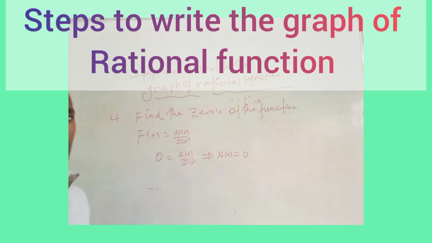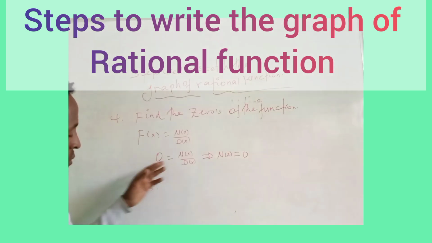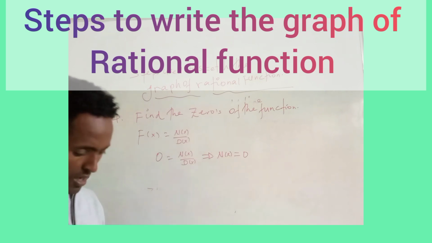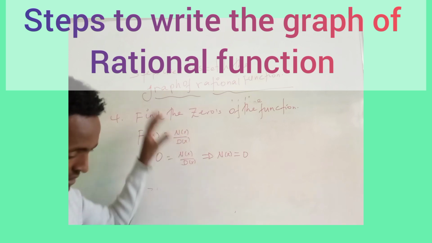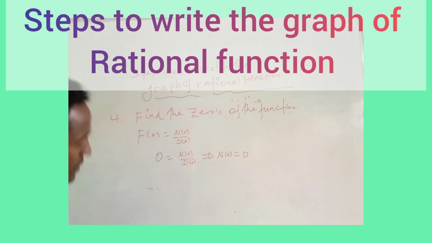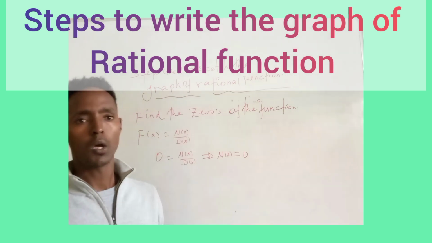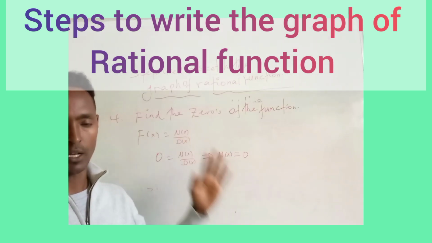From letting f of x be 0, you get this, and this is said to be the zeros of the rational function. From this, you obtain the zeros. And these are the necessary steps that you have to follow in sketching the graph of a rational function.